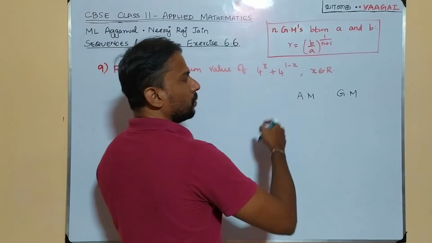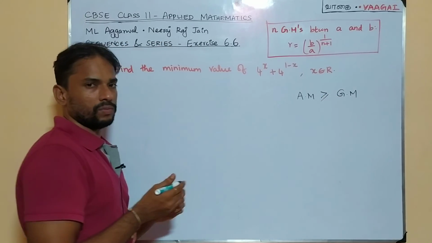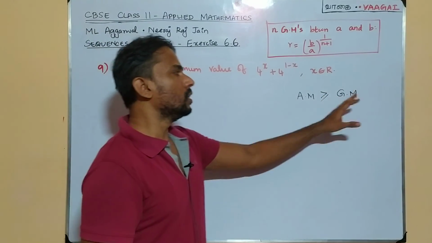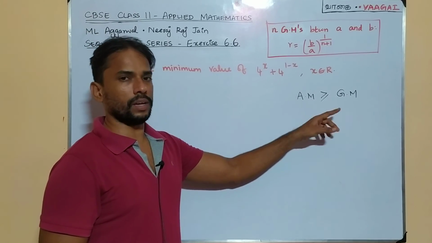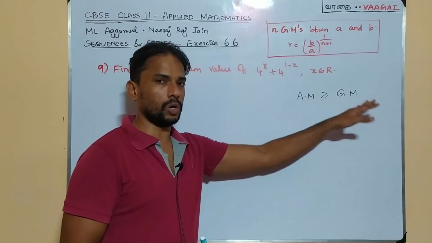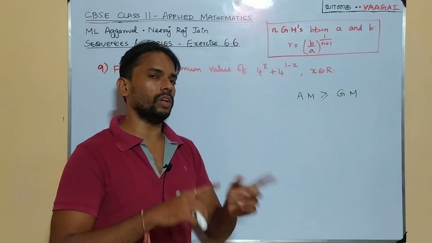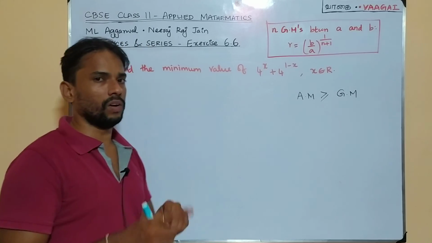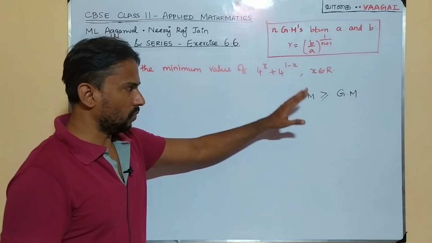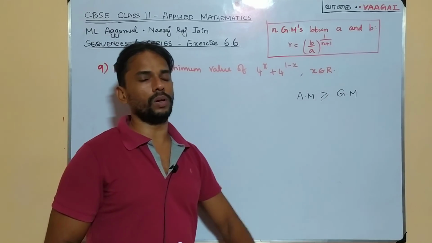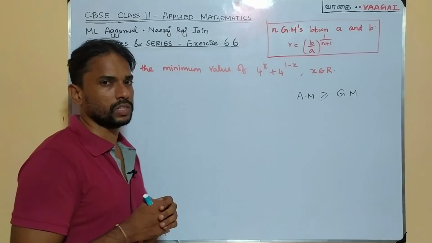The arithmetic mean of two numbers will always be greater than or equal to the geometric mean. It can never be less than the geometric mean. We saw the reason there, how it works, in the introduction part itself. So we are going to use this result in order to get the answer for our given question.